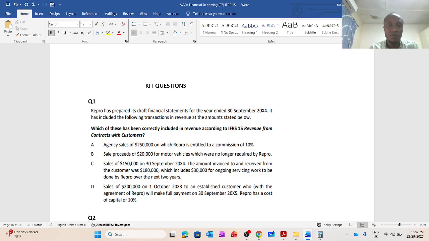A. The question stated, which of these has been correctly included? Agent sales of $250,000, on which R is entitled to a commission of 10%. Then we are going to look, we have already covered that aspect as to whether we are going to recognize based on commission or based on the 250,000.